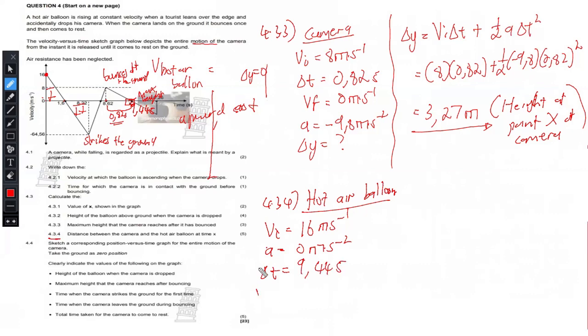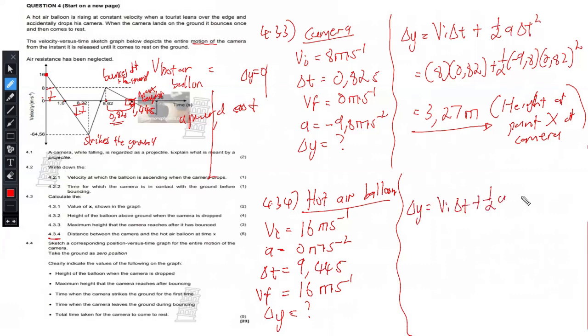And then what's the final velocity? Because it's moving at a constant speed or constant velocity, it's still going to be the same. But then we are looking for delta y, right? So any formula with delta y would work. And then let's just go with delta y equals vi delta t plus half a delta t square.